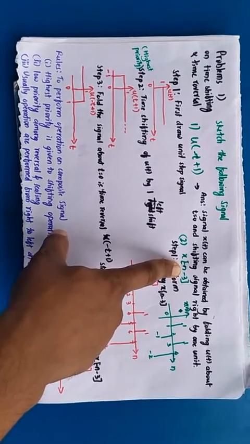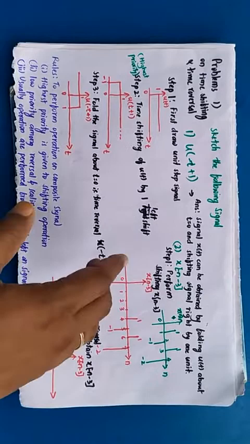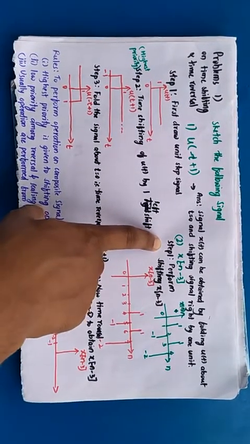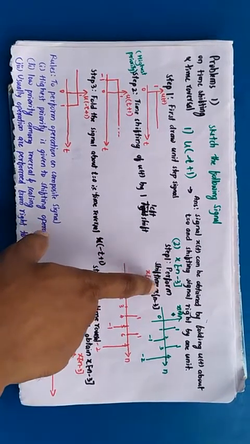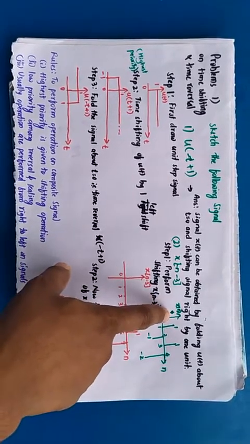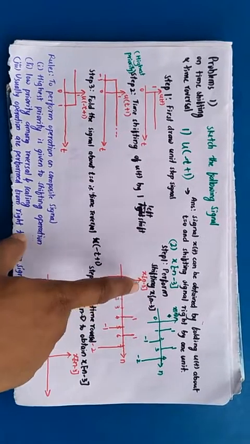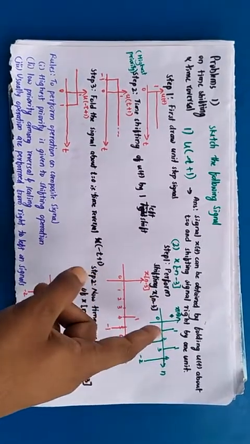Minus 3 means delaying the signal, and we need to shift it to the right side. So step 1 is to perform shifting x of n minus 3. Whatever x of n is there, that signal has to be shifted to the right side by 3 units, because the minus here indicates delaying the signal.